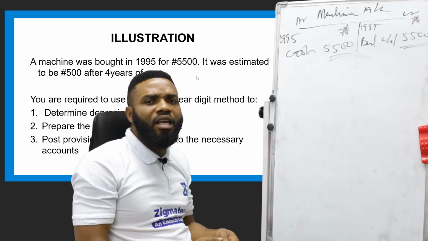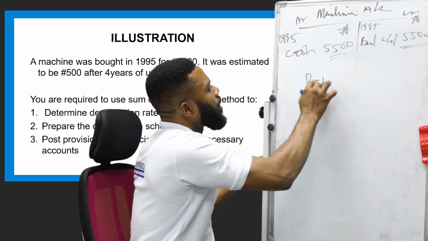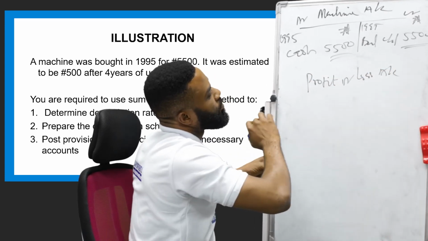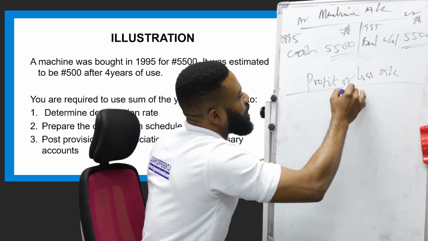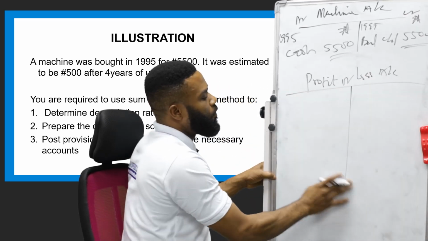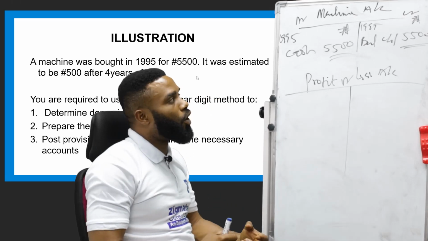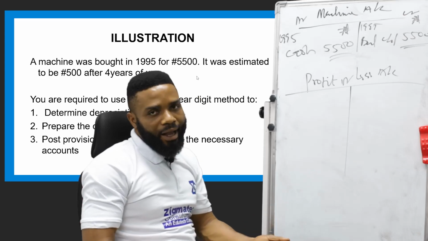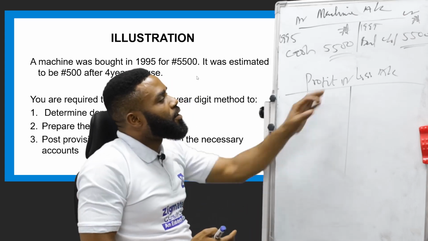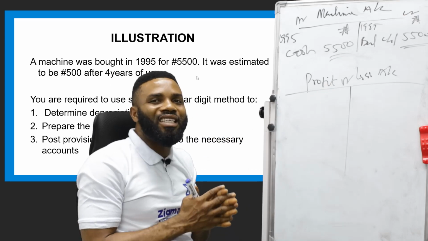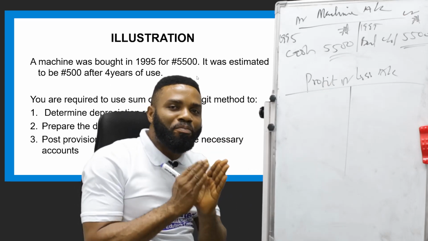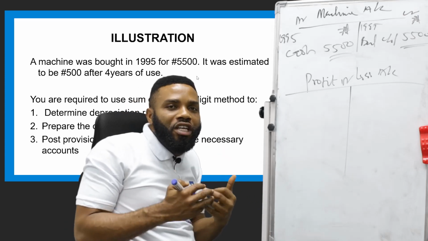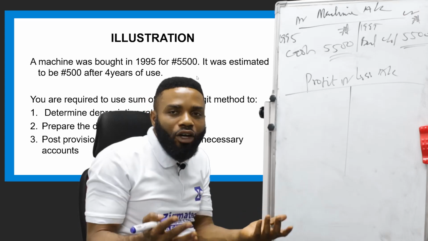And then the second one is the profit or loss account. The profit or loss account is an extension of the trading profit or loss account. In preparing your trading profit or loss account, it is that part of the account that takes care of expenses only. It looks at the expenses incurred within the period you are carrying out your business.